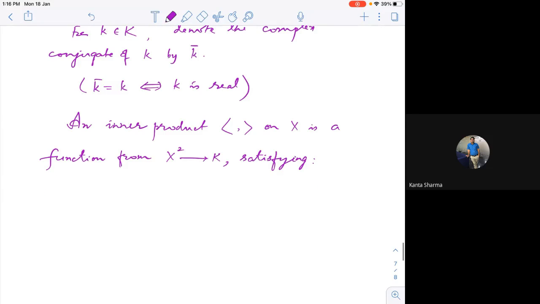So it is nothing but a typical function which is defined on X square taking scalar values.